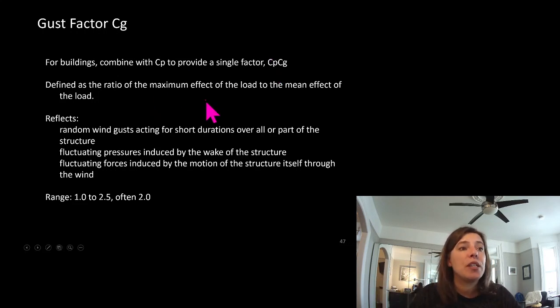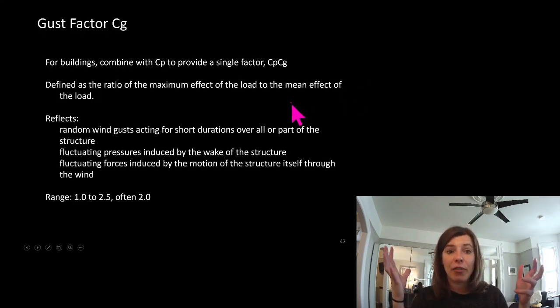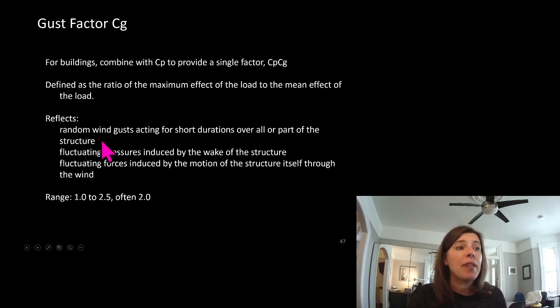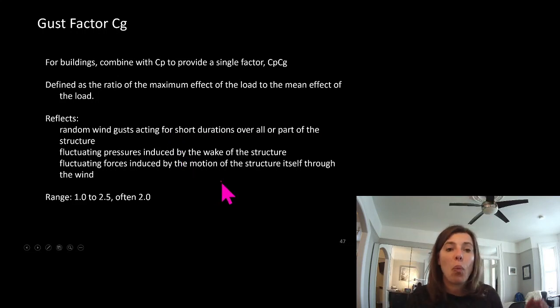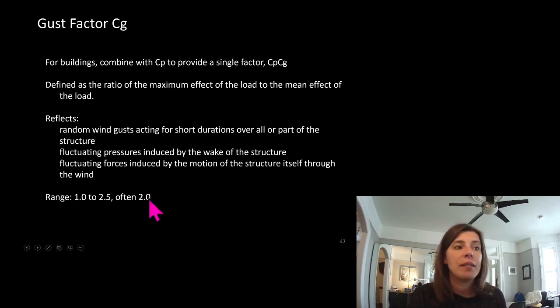It's defined as the ratio of the maximum effect of the load to the mean effect of the load. Yeah, whatever. Basically the ratio of the peak to the average. It reflects random wind gusts acting for short durations over the structure, fluctuating pressures in the wake of the structure, and fluctuating forces induced by the motion of the structure itself due to the wind.